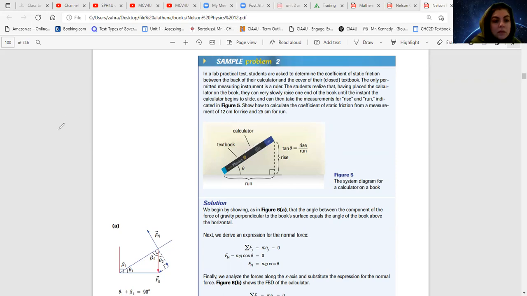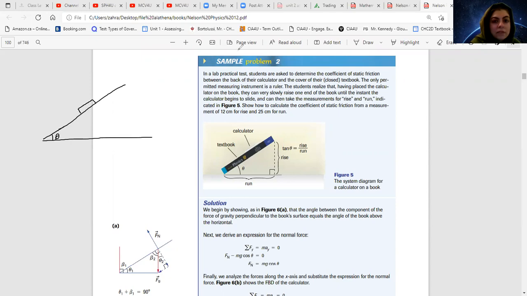So these are the forces you have on the inclined surface. Let me make it better. This is the textbook, the surface of your textbook, and this is the surface of the ground. This is the maximum angle at which you can hold the calculator. Let's say this is the calculator.